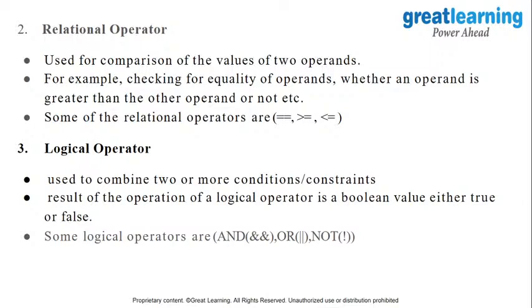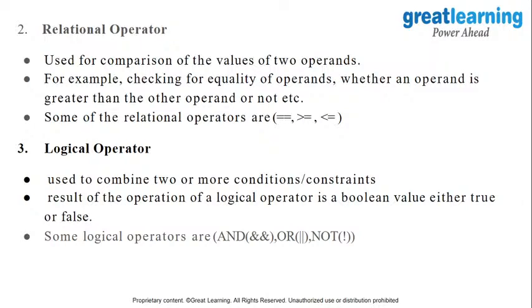It's used for comparison of values of two operands, the left side operand, that is A, and the right side operand, that is B. For checking the equality condition, if A is equal to B, or B is equal to C, we use these relational operators.